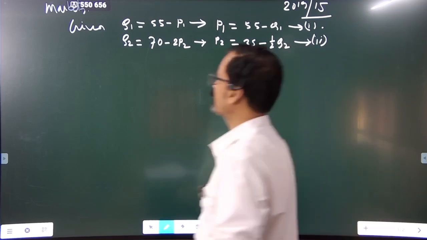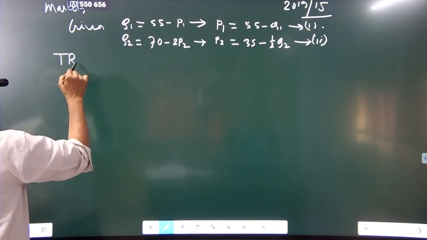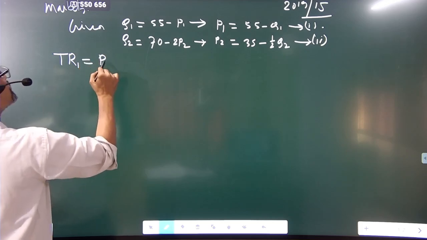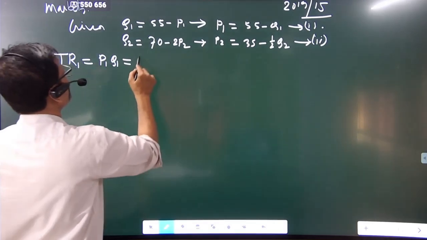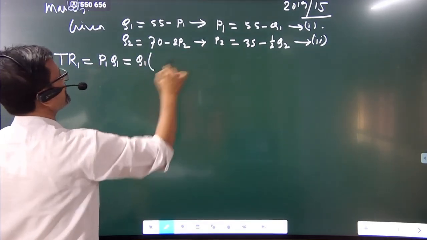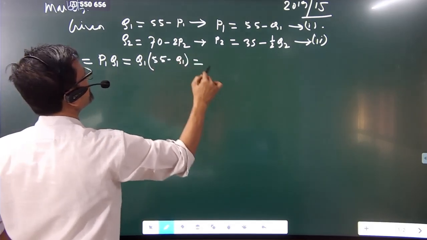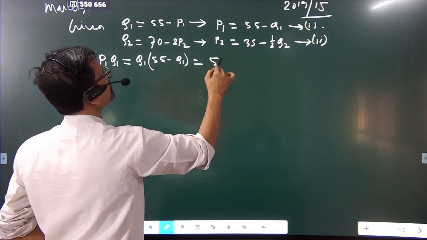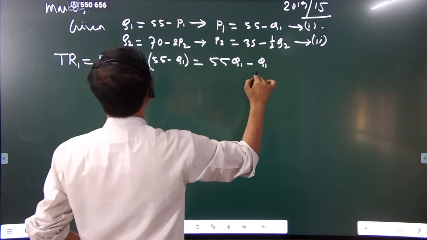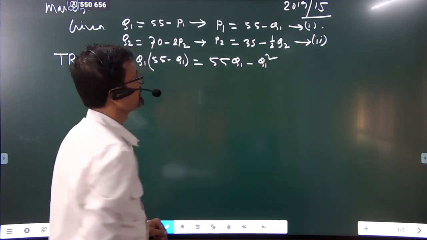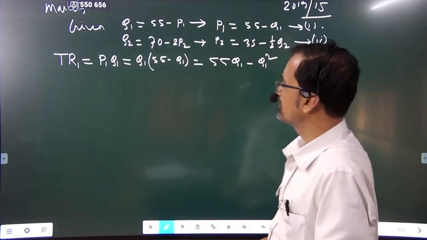Now we can find the total revenue in market 1. Total revenue in market 1 is P1 Q1, and with P1 equal to 55 minus Q1, it will be 55 Q1 minus Q1 square. This will be the total revenue in market 1.